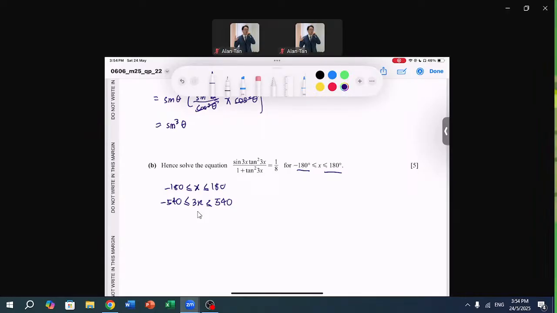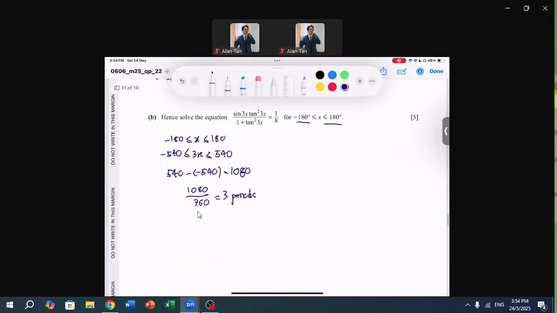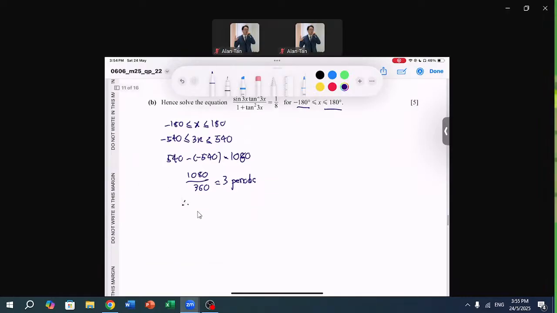So that is about 6 pi. 540 minus negative 540 is about 1080. Divided by 360, that's about 3 periods. That means 6 possible answers.